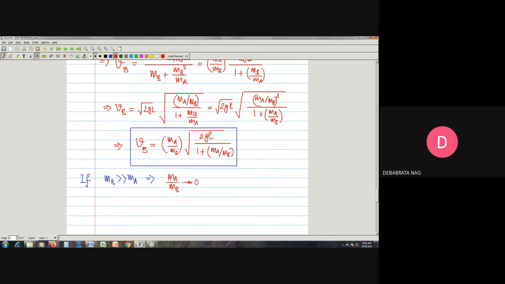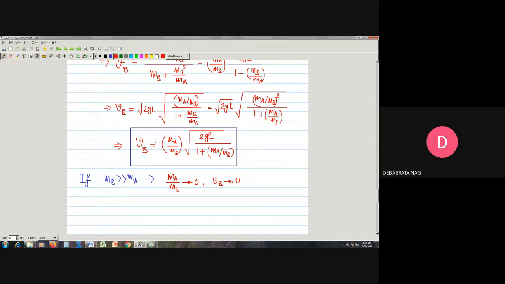So from the above equation, VB tends to 0. And that is obvious, because if the carriage is of heavier mass in comparison to your pendulum bob, naturally the motion of the carriage will be negligibly small as the pendulum is allowed to swing.